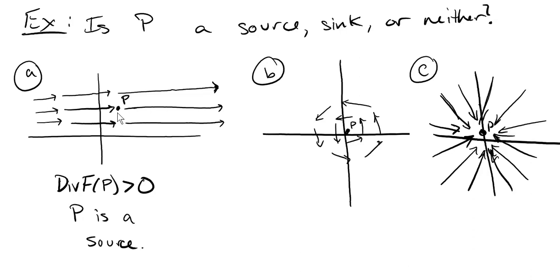In the next one here, if we take a close look, what's happening here? It looks like the fluid's rotating around our point. So certainly there's some curl going on there, but does it appear that one side of this point is gaining more vector arrows entering it than are leaving the other side anywhere? It looks, because of the symmetry around the point, that wouldn't be the case. Whatever's happening on one side is happening all around it, right? I would say it looks like this is a case where we have zero divergence.